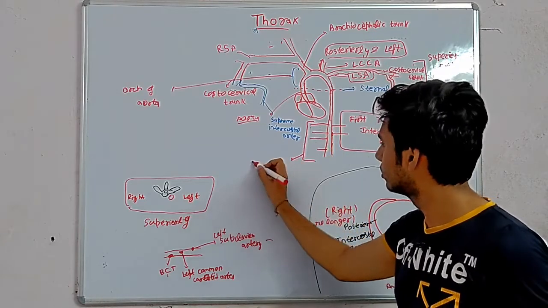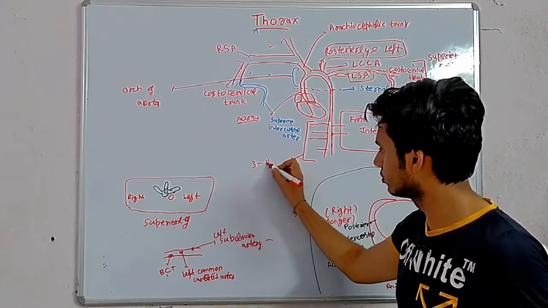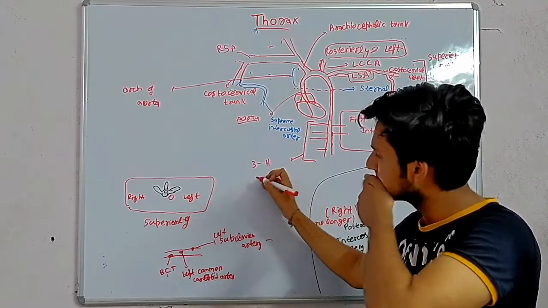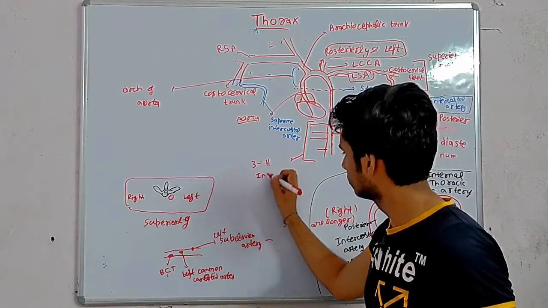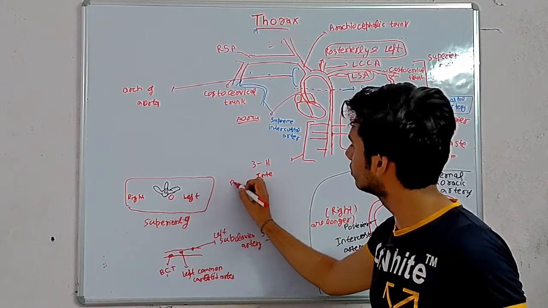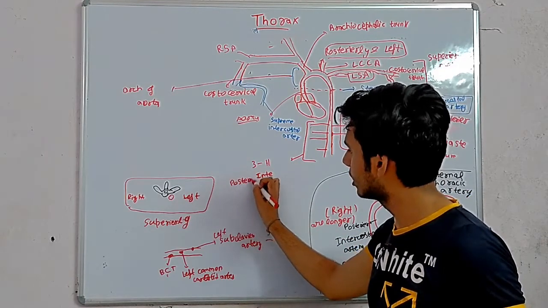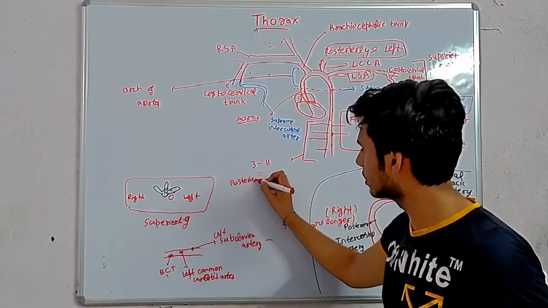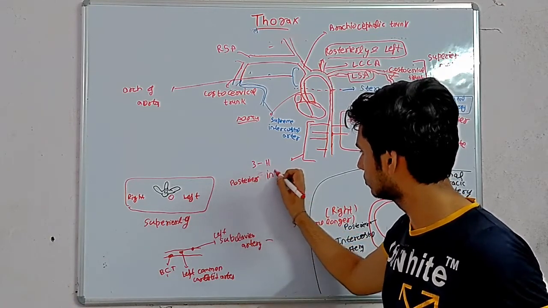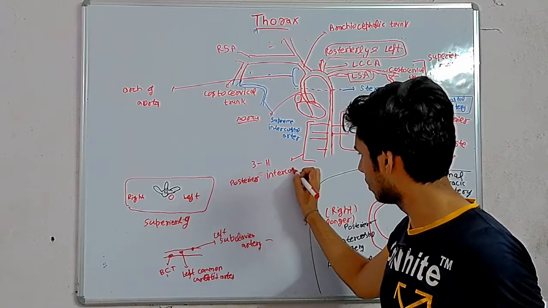So 3 to 11, posterior intercostal arteries. It will be posterior, right, because anteriorly it is the internal thoracic.